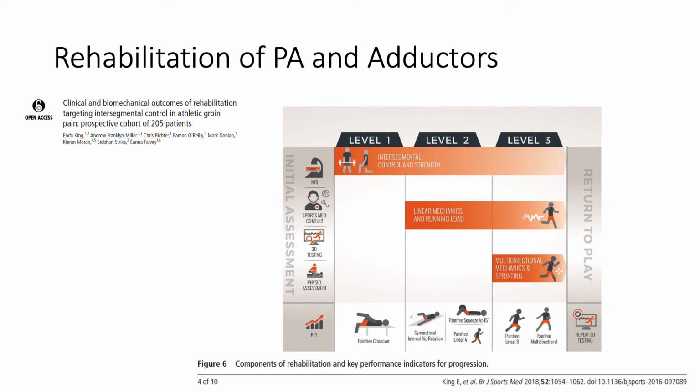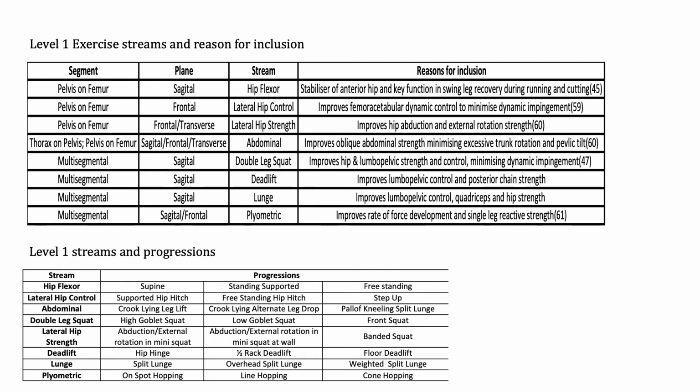Moving on to level 2, which is straight line mechanics and running load, and finally on level 3, when you introduce a change of direction and multi-directional control. So these are some of the level 1 exercises that you might use, where you're doing single limb and single joint movements, and then gradually introducing control across multiple joints.